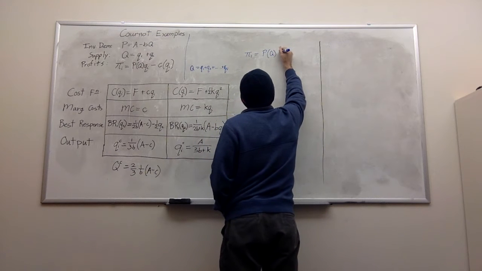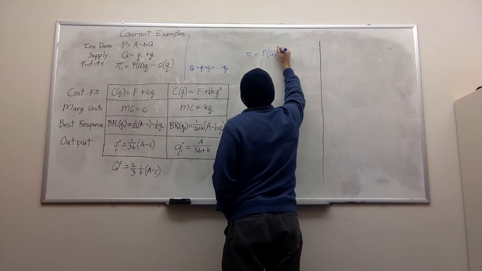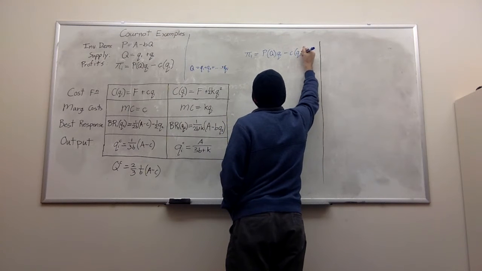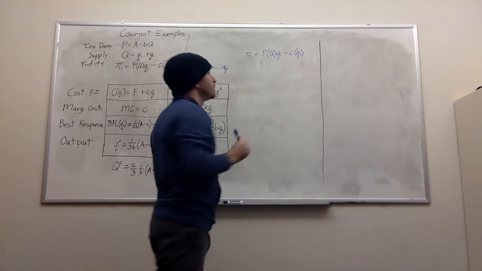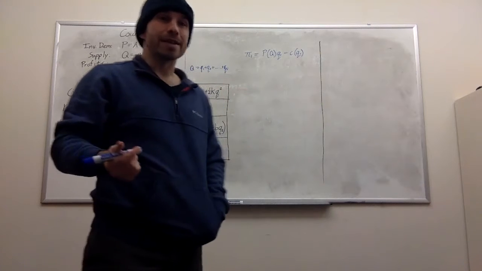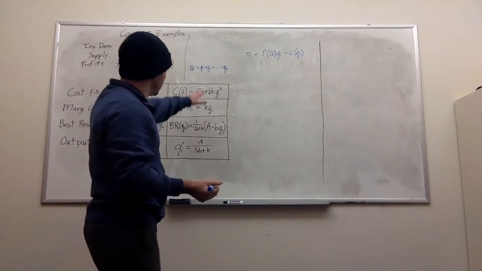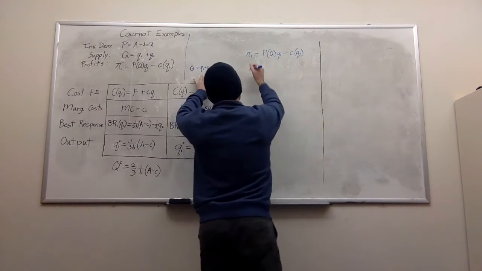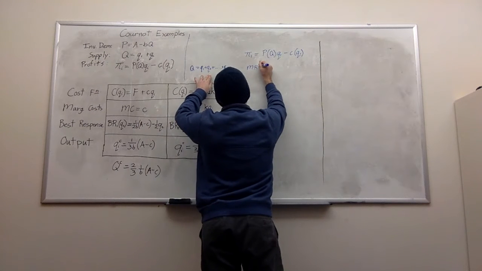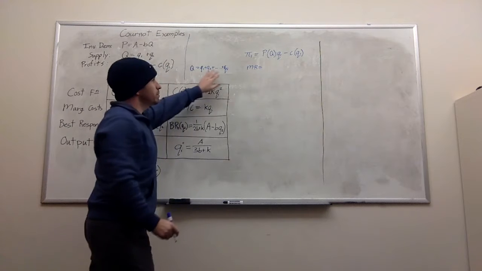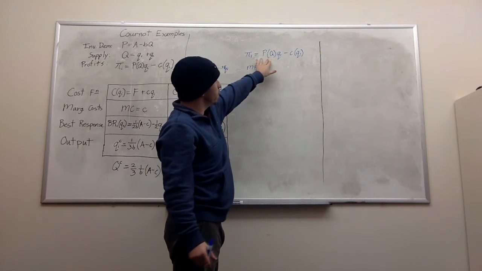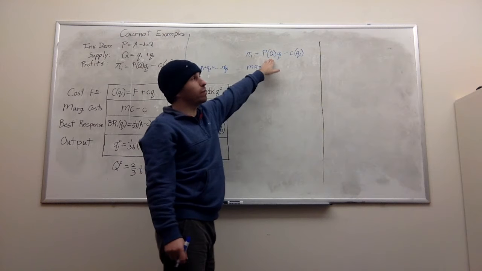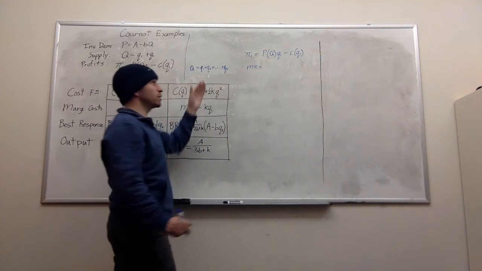P of Q times Q1, minus C of Q1, the exact same format. With this form, note that taking a derivative for marginal revenue is going to be just like it was before, right? P prime of Q times the derivative of big Q with respect to little q, which is still just 1.